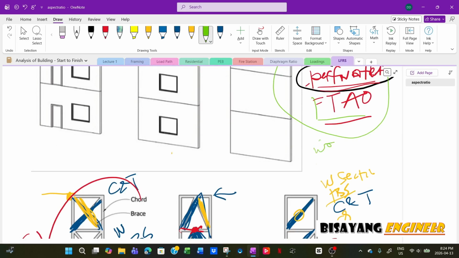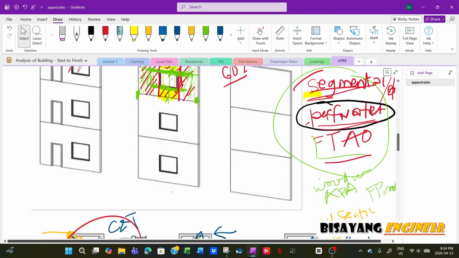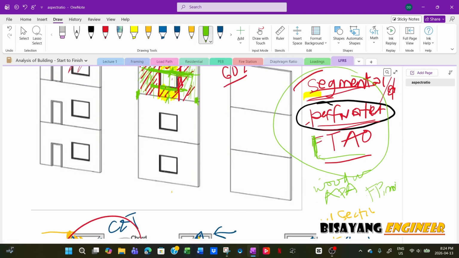I think Woodworks has a discussion about that one, APA, and what other, FPInnovations. So you just type force transfer around opening. There's a discussion in YouTube on this, but it's not really detailed.